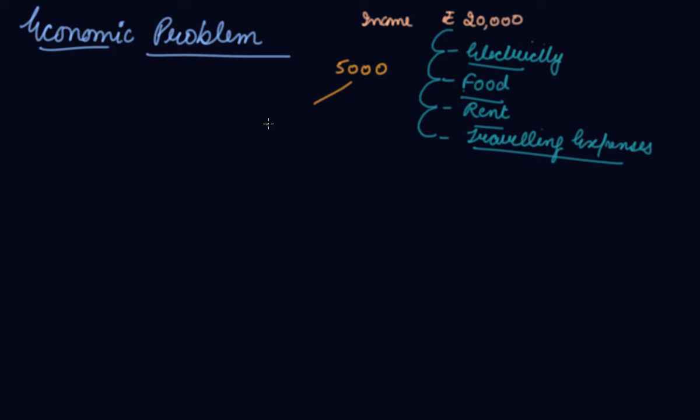Now either you can save your 5,000 or there are alternatives. You can save, or you can buy clothes if you need it.